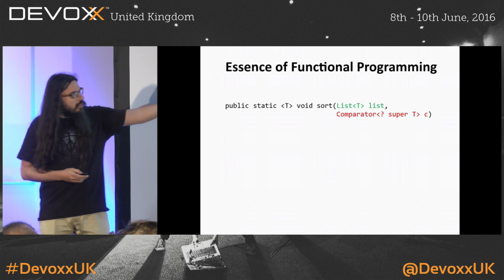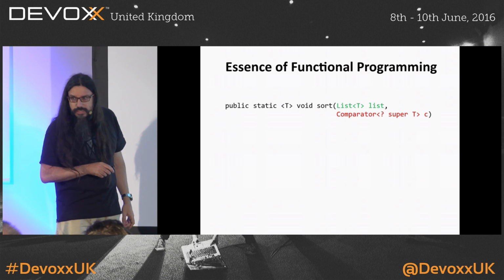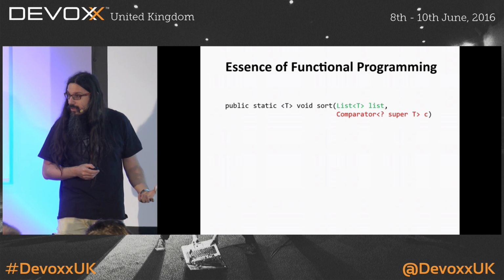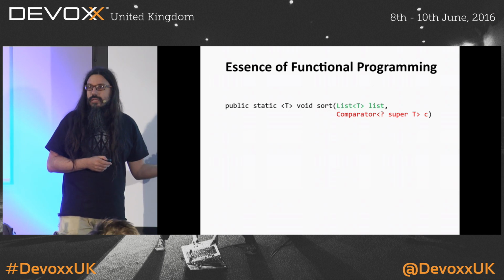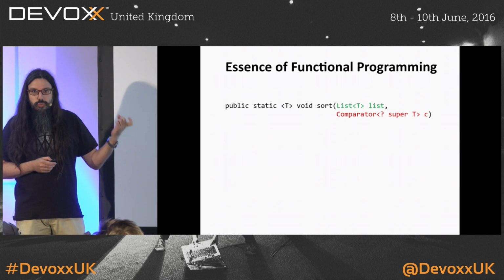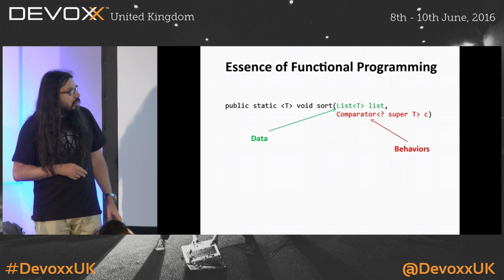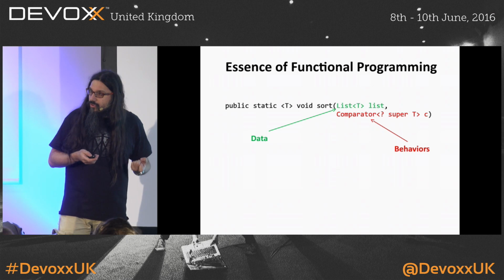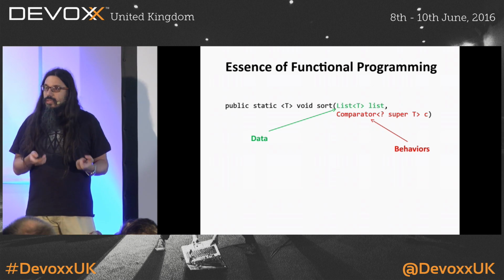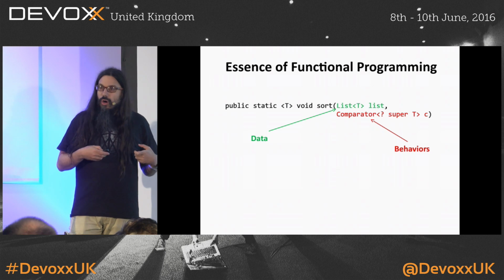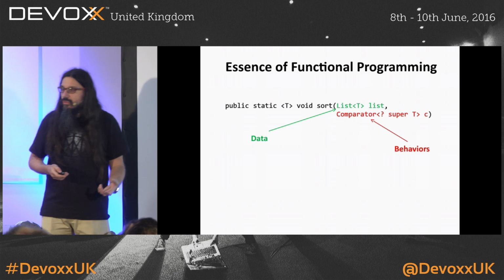What this method does is take data and take a function, a behavior, a specification stating how you can compare 2 items in this list. So you see I'm treating data and behaviors in the same way, using them as 2 arguments that are passed to another method.